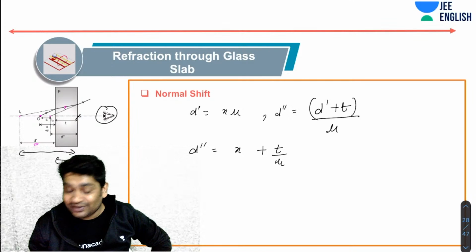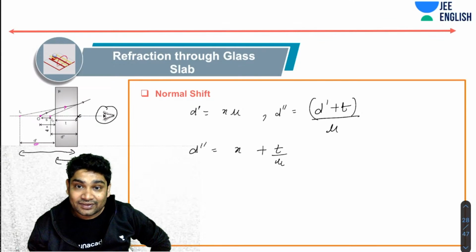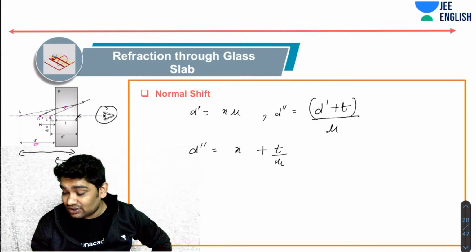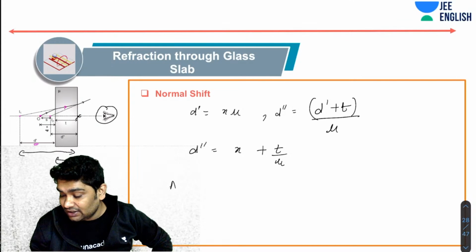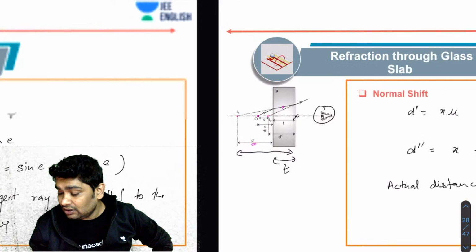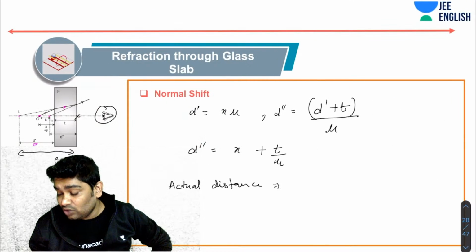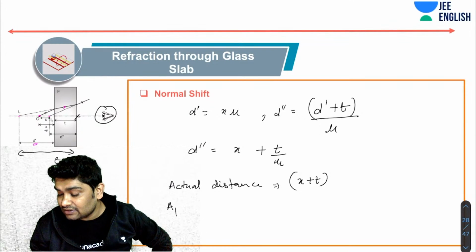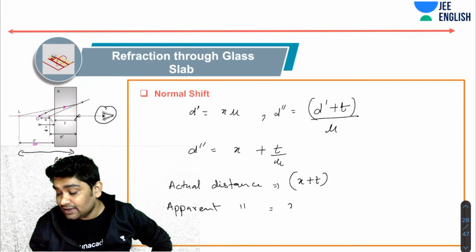So what is the shift? The actual distance was x plus t. The apparent distance is x plus t over mu.